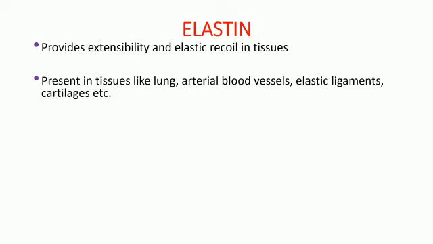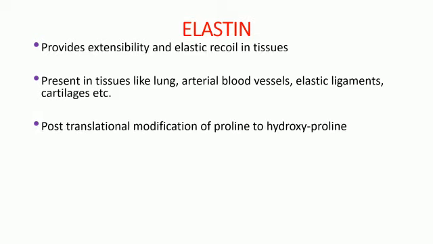But among the components, the proteoglycans and GAG and the collagen, these are the two things that you need to know in a lot of detail. The other things you need to know only the basic concepts about these proteins. So I will not go into too much detail of any of these proteins. I will just discuss shortly the basic points. So these are the tissues where elastin is present.